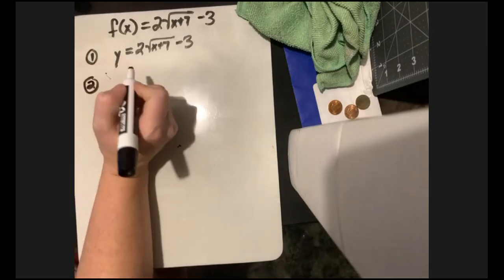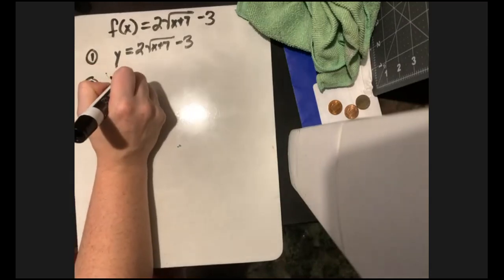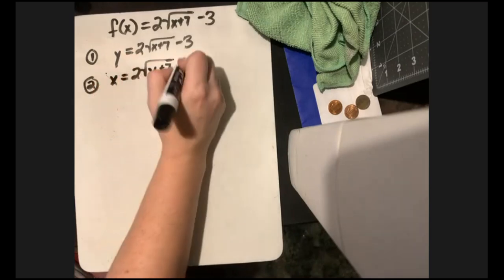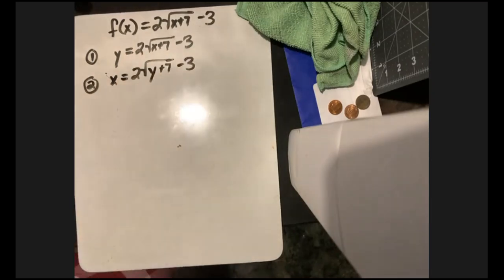Step 2 is switch x and y. And guys, quite literally switch them and flip-flop them, because now we're going to start working with undoing or peeling this onion.